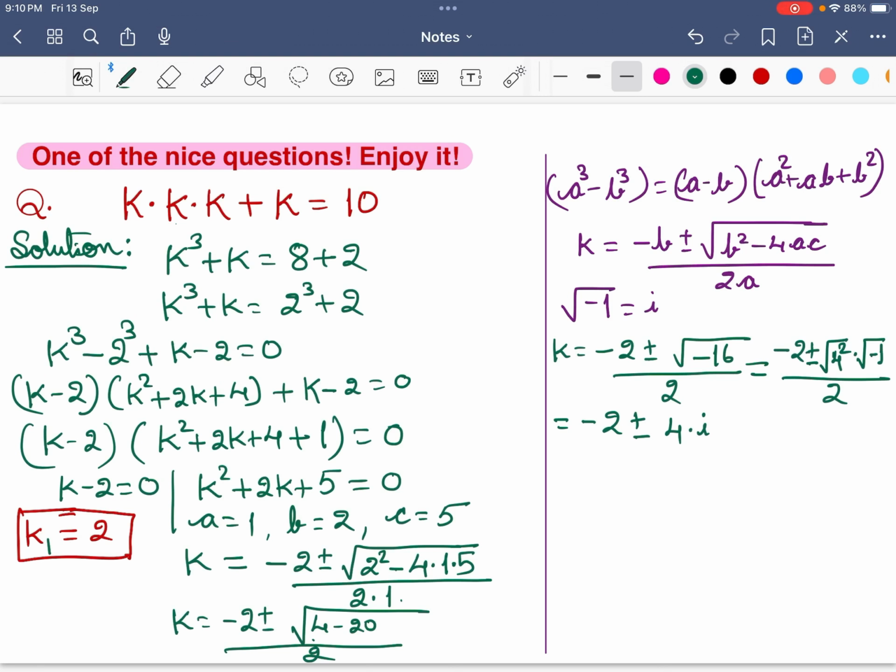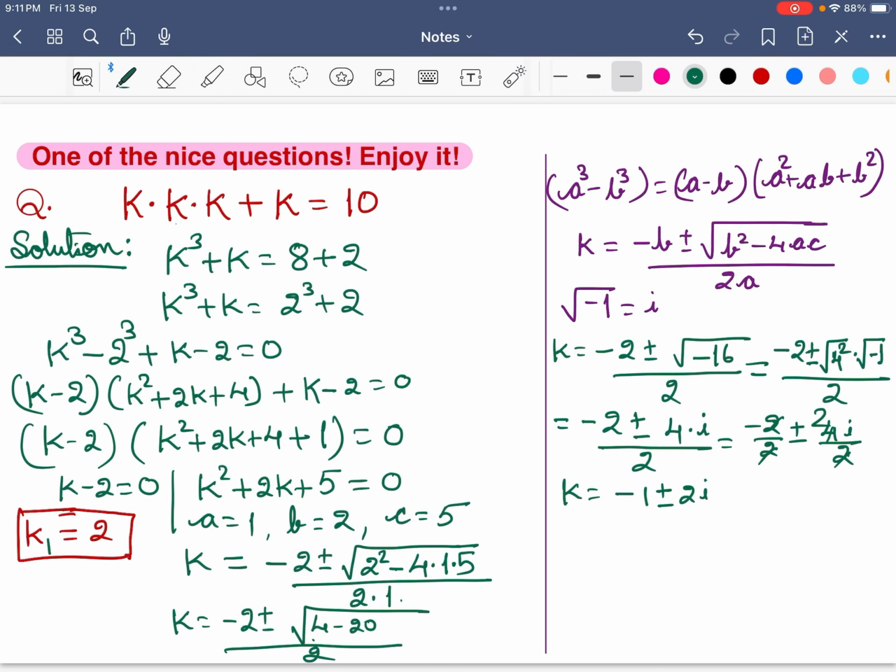In place of square root of minus 1, we write i, the imaginary unit, upon 2. So that is minus 2 upon 2 plus minus 4i upon 2. This 2 will be cancelled and the 4 becomes 2. So k is equal to minus 1 plus minus 2i.